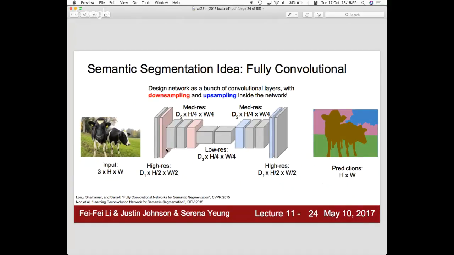To solve this problem, we propose to use a downsampling and upsampling method, and I will show you what downsampling and upsampling are.